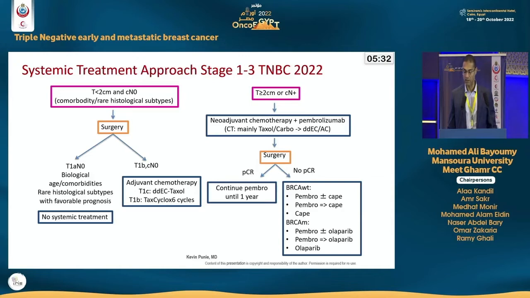For patients with BRCA mutation, you also have a dilemma: either to use a PARP inhibitor alone, or to combine pembro or IO plus PARP inhibitor, or to give IO for 1 year and then go for a PARP inhibitor for another year. There are many studies ongoing nowadays aiming to answer this question, because this is the dilemma for the patients who did not achieve the pCR in early triple-negative breast cancer.